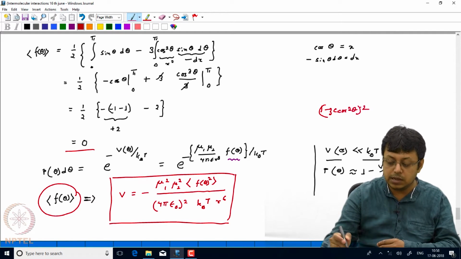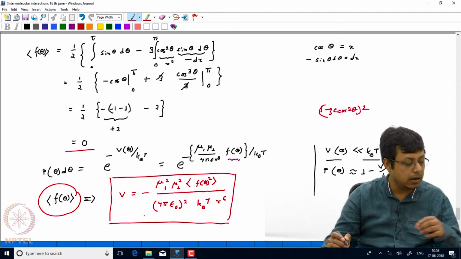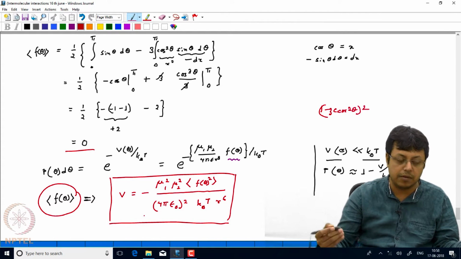That is why this term survives, and due to the squaring I have mu 1 square and mu 2 square, and r cube becomes r to the power 6. You can also see that 1 by 4 pi epsilon 0 gets squared, so this directly follows from the f of theta squared average.